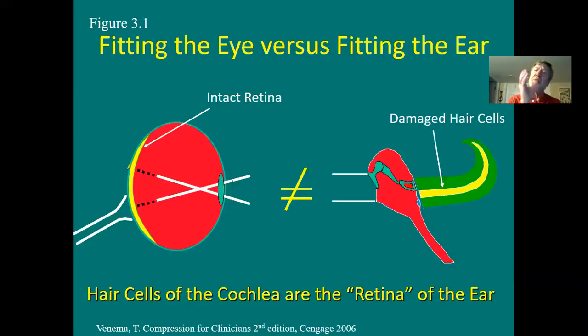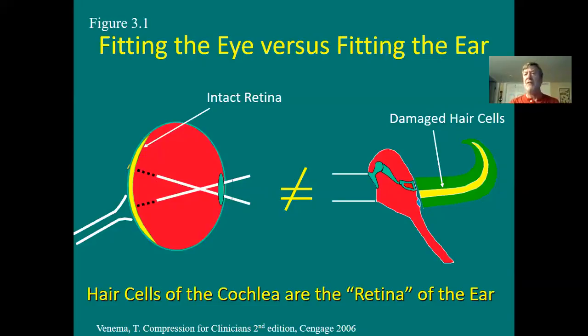So sensory neural loss, if we went back to the eyeball, is kind of like me going upon your retinas, scratching them, and saying, okay, now go ahead and fit your glasses. Even though the light is going to be sent properly to the retina with the glasses, still the retina itself has damage.